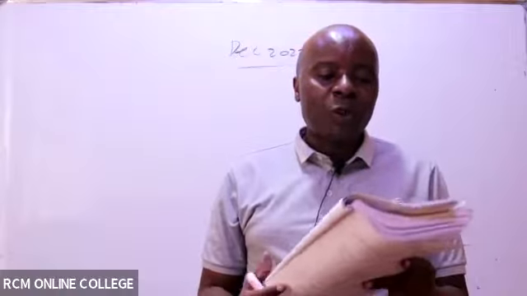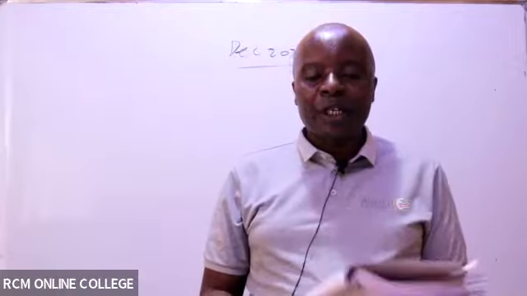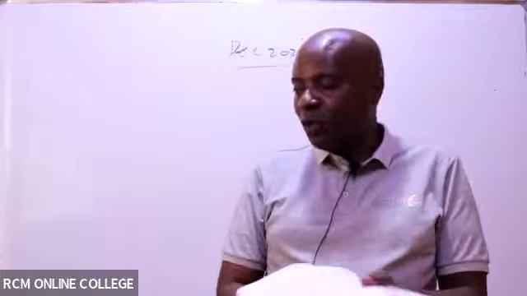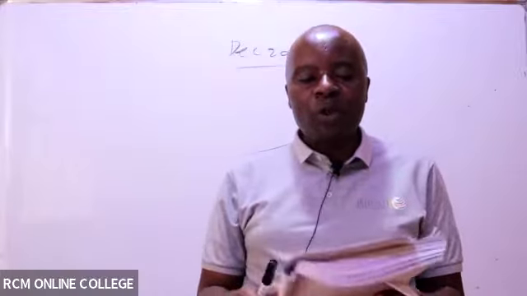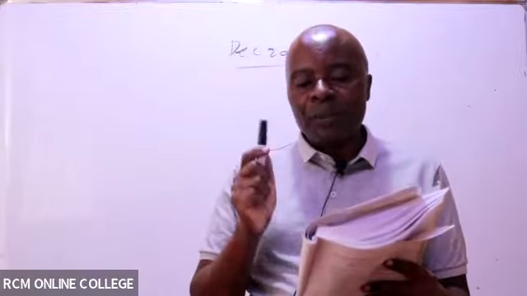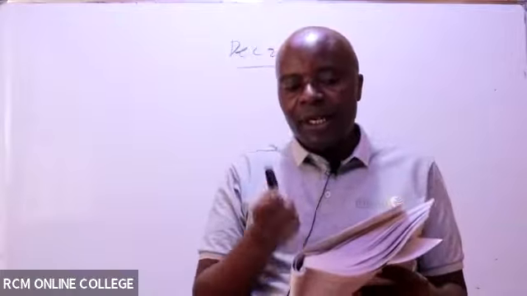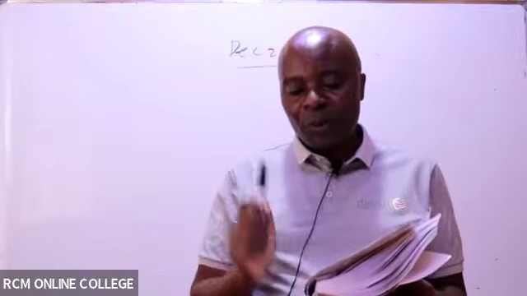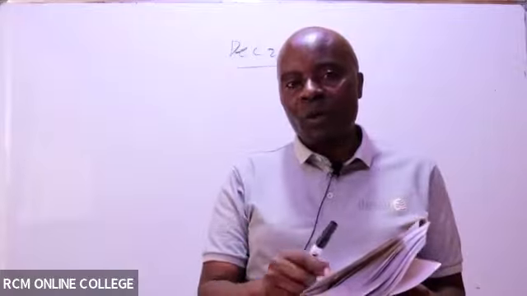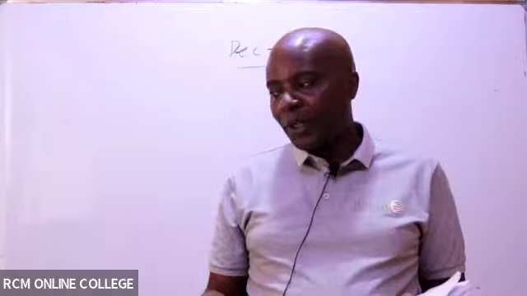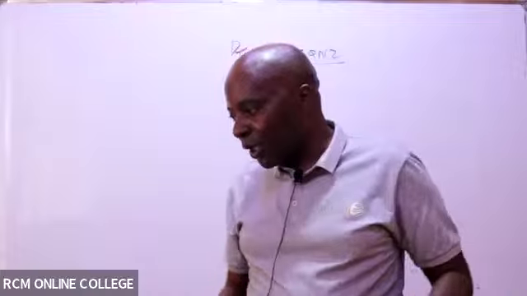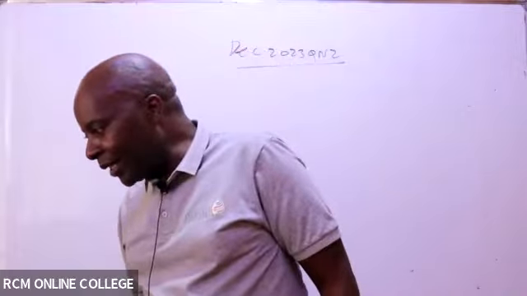So they want us to develop a regression equation that will be used for prediction purposes. I'm giving you 5 minutes. Do everything, including determine the coefficient of determination, very, very important. Test the adequacy of the model for prediction. If you know very well, I want to believe this is a question you should be able to do in 5 minutes. So let's see whether you'll be able to do it in 5 minutes.